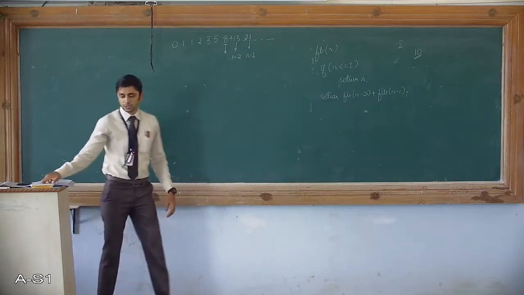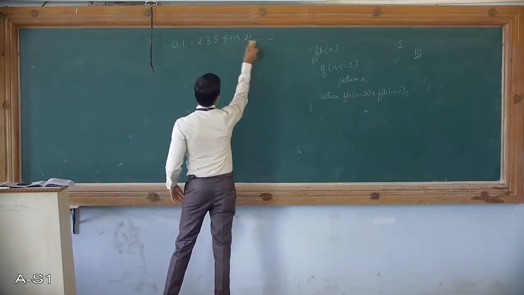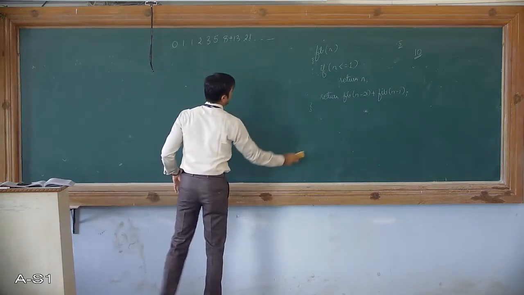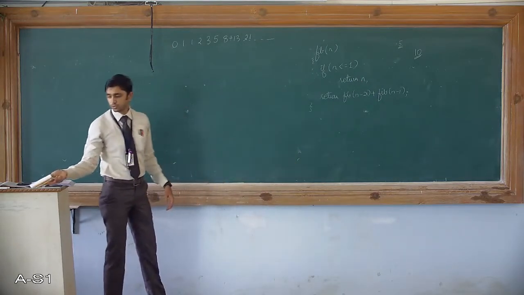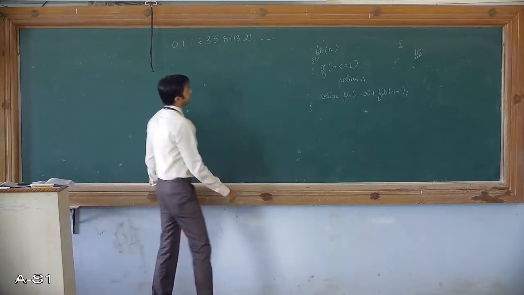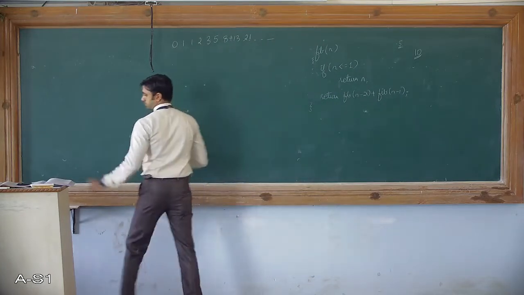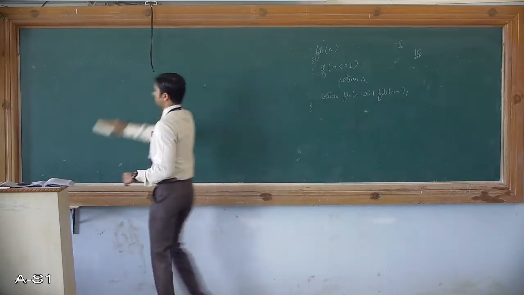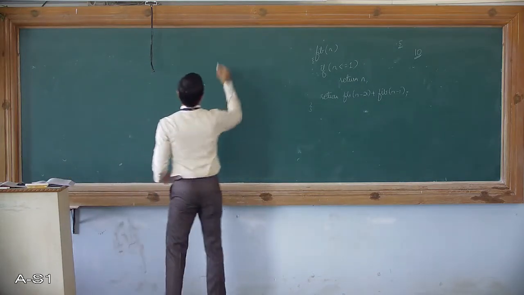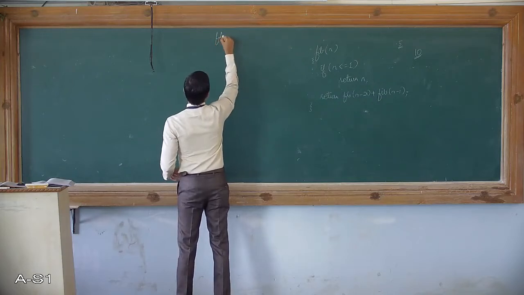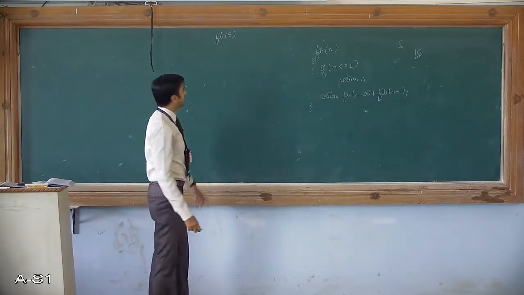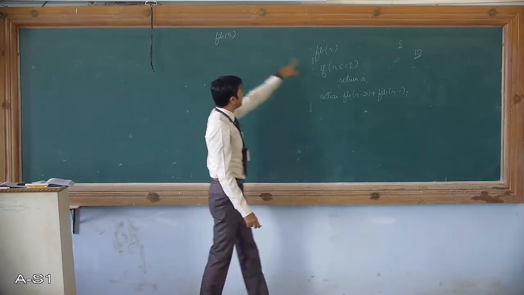So let's trace it out. Let's see how solutions or sub-problems get overlapped when we use the recursion technique to solve a given problem. We'll take the value of n as 5.